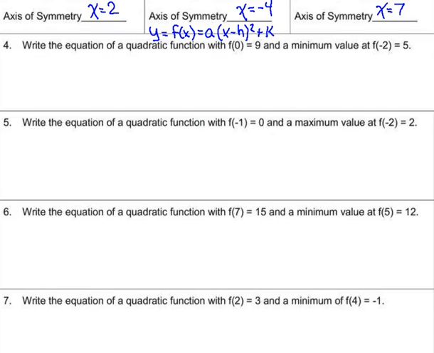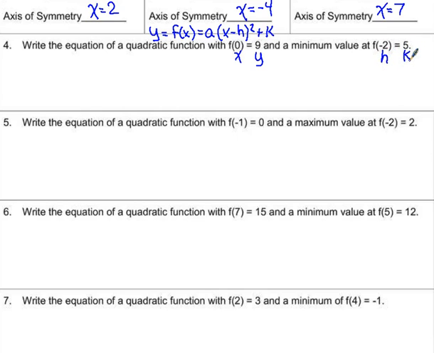Okay, moving on to problem number 4. This one's information is given to you a little differently. It says, write the equation of a quadratic function with f of 0 equal to 9. The function, when x is 0, y is equal to 9, with a minimum value, that means that's your vertex, that's the minimum. So we know h and k.